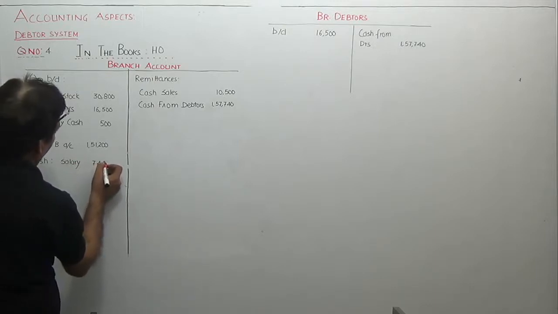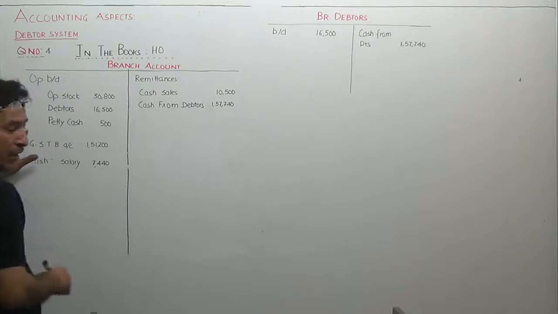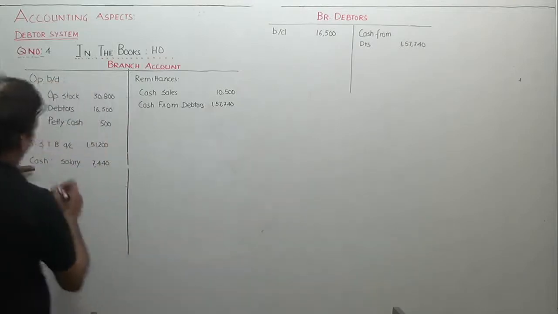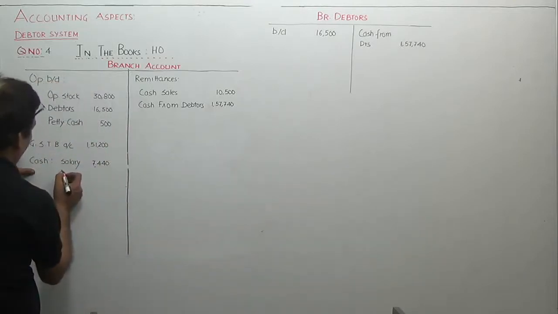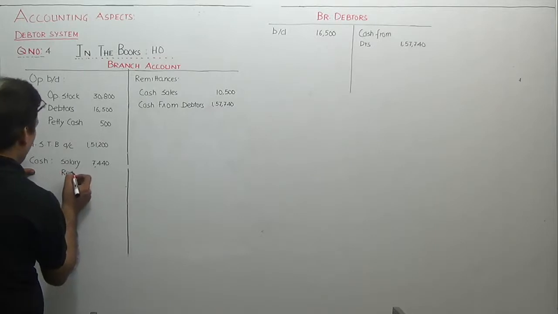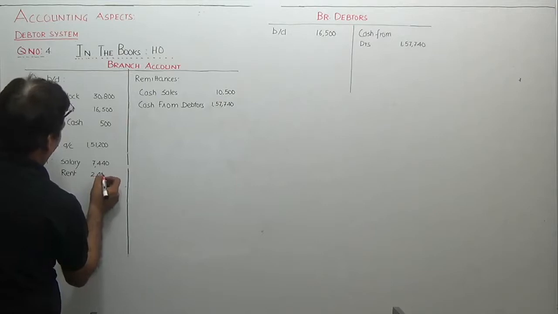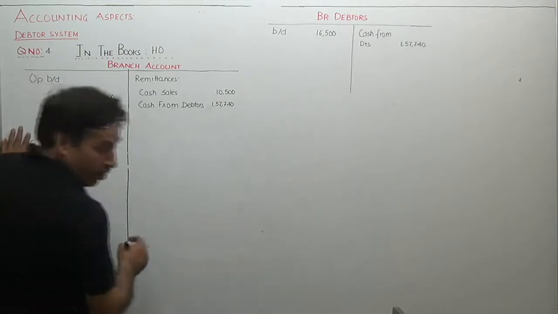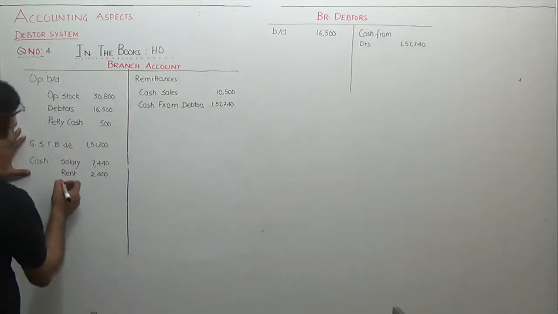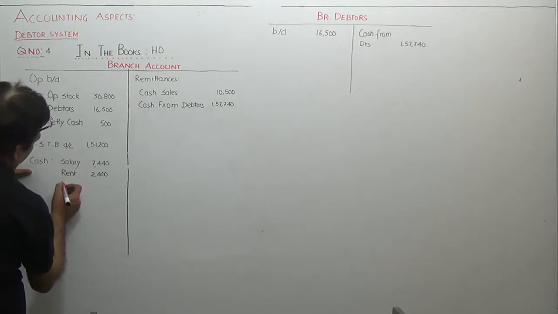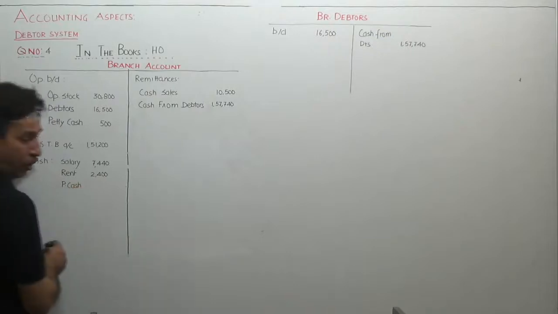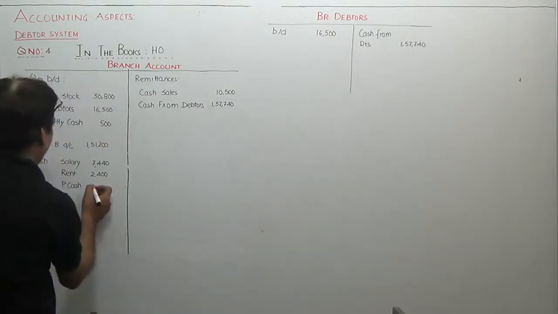Second one is rent 2,400. And then we have petty cash. Actually head office is sending some petty cash also. The amount of petty cash in this case happens to be 3,000.